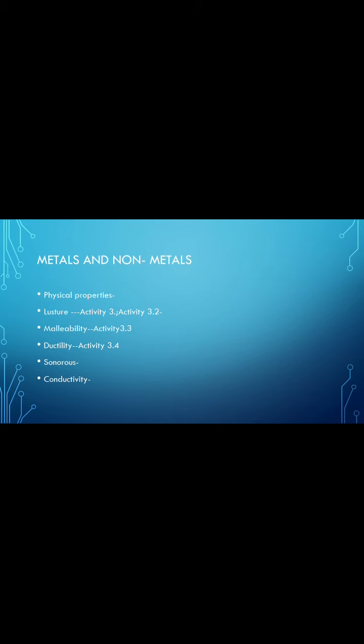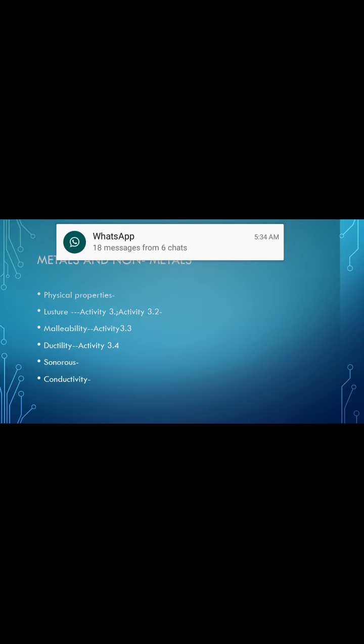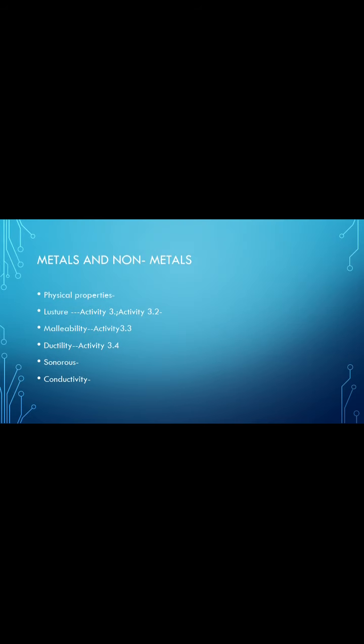Now we know that most metals are highly reactive elements. The outer layer of metal reacts with atmospheric oxygen. As I have already told you, a metal forms metal oxide when it reacts with oxygen, so there will be no lustrous property.